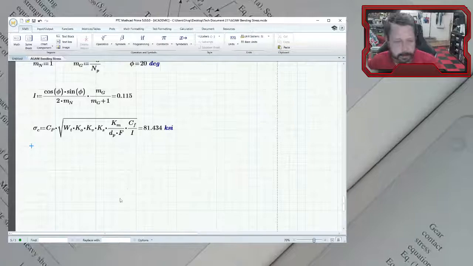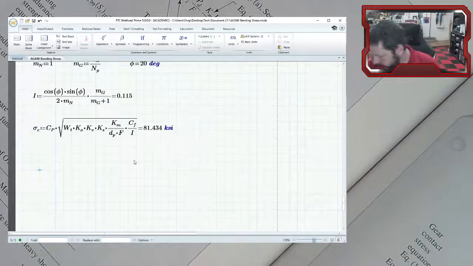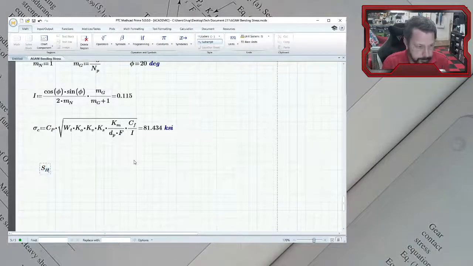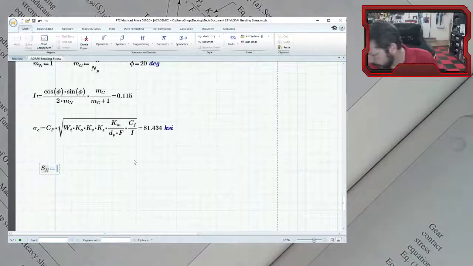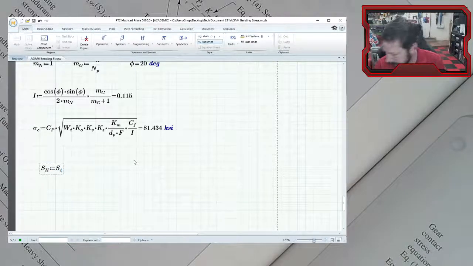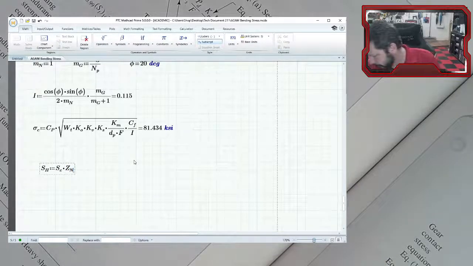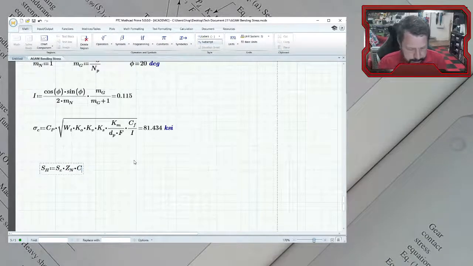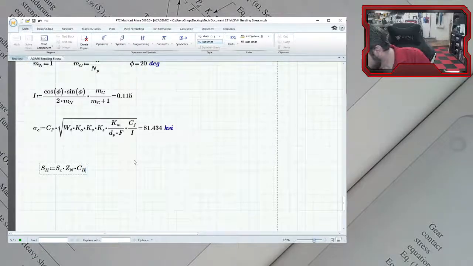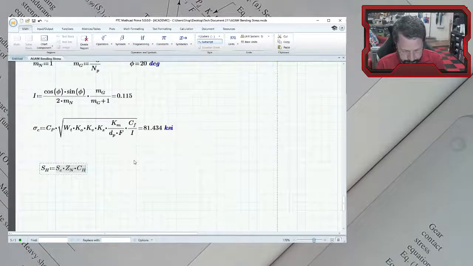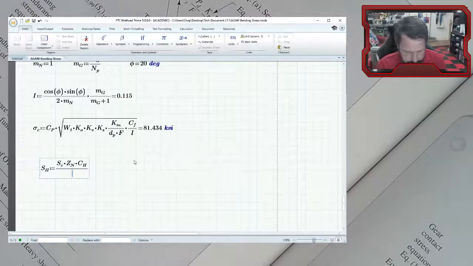All right, so let's put that equation in. Our factor of safety is equal to, hopefully greater than 1, SC times ZN times CH, all of that divided by KT and KR.